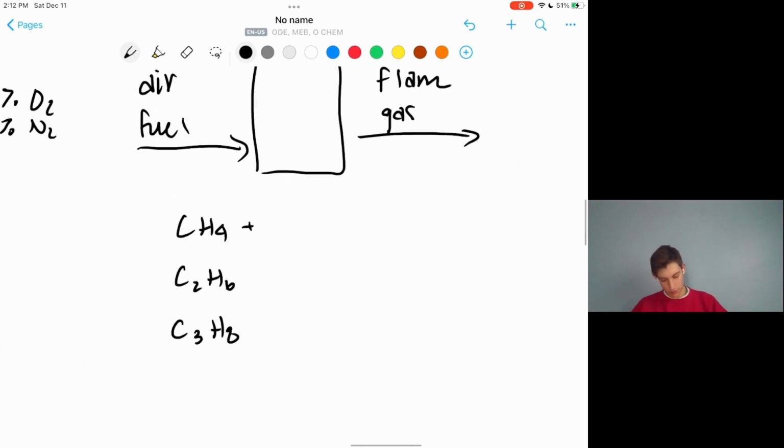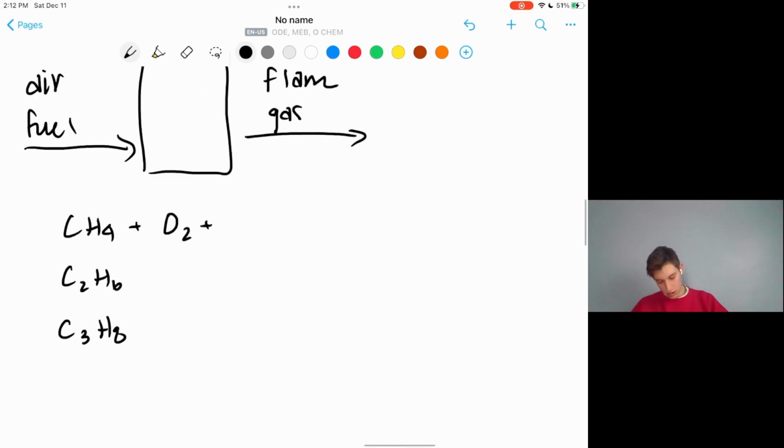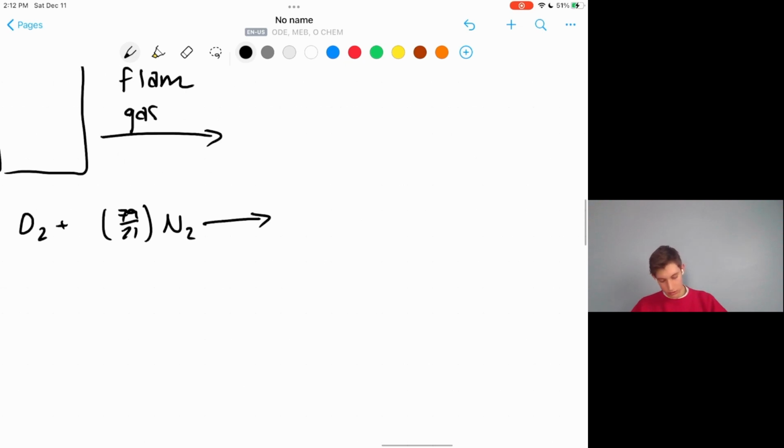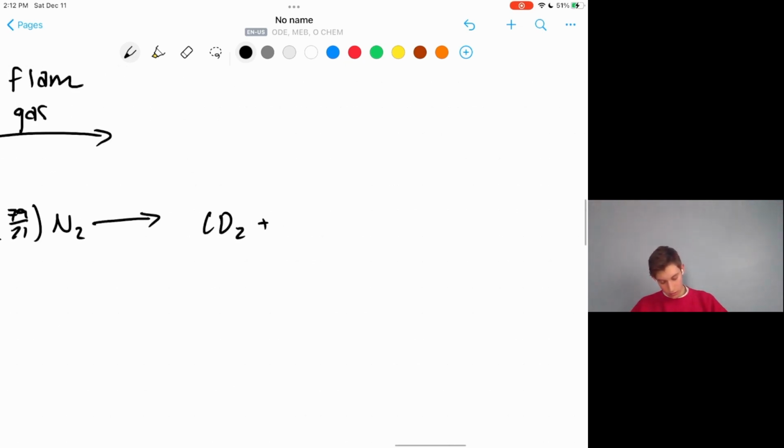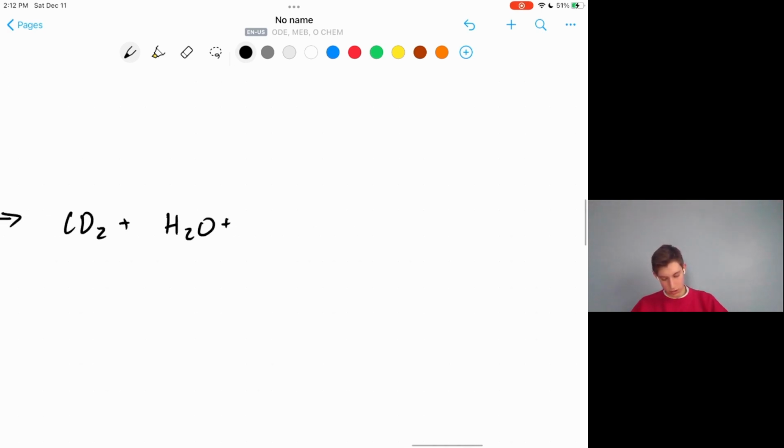So in the air, we have the oxygen going in, and then we're going to have the ratio with the nitrogen, and then this all reacts to form carbon dioxide, water, and again the nitrogen is going to come out.